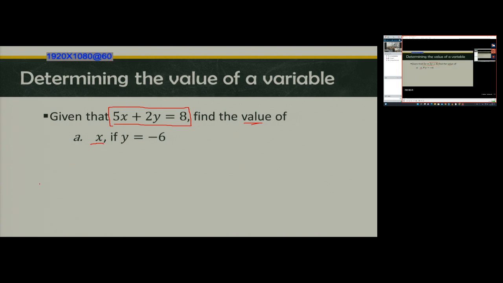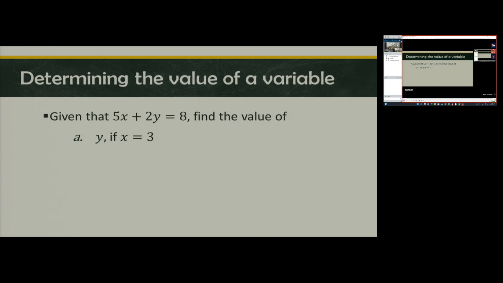Okay, so again, the value of our x here is equal to 4 when we solve it. Now let's have another one. Given that 5x plus 2y is equal to 8. Again, same. Find the value of y when x is equal to 3. Again, that is 5x plus 2y is equal to 8.